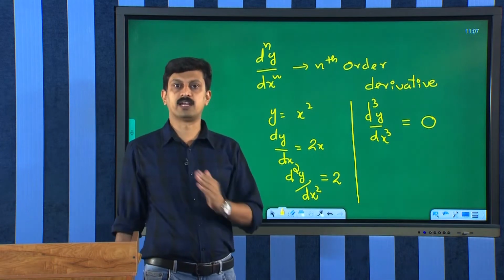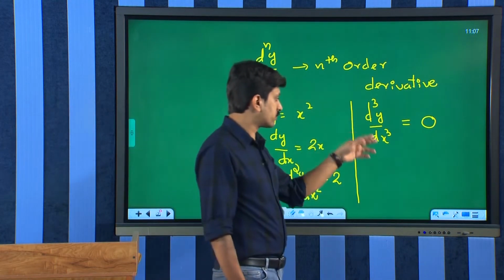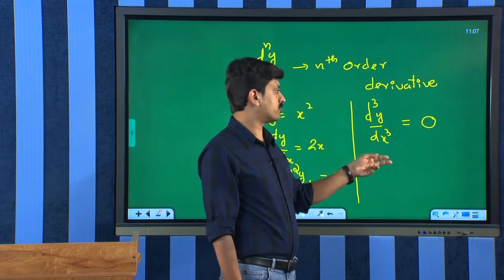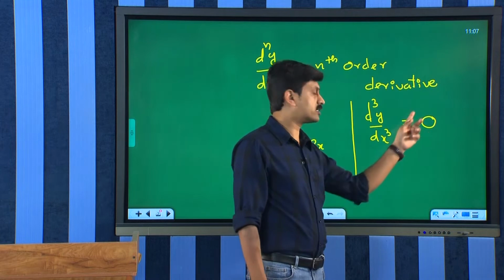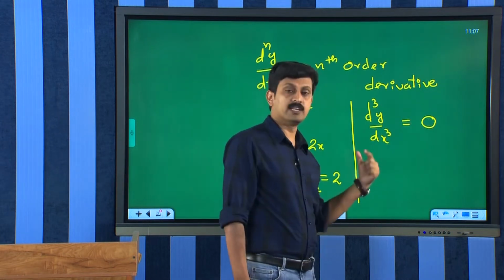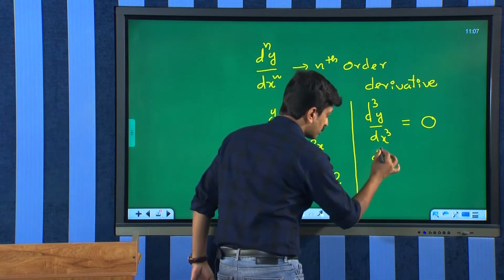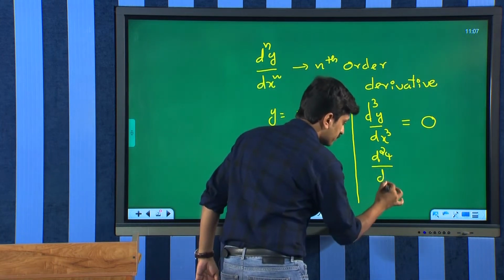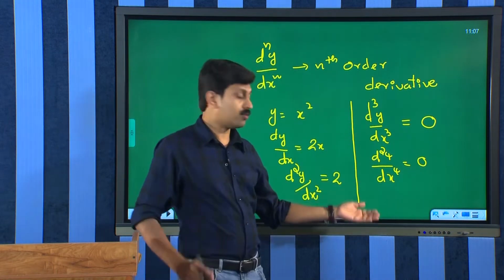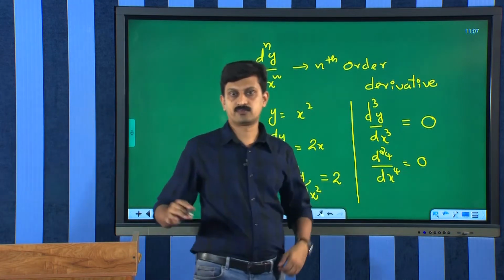Now for the next higher derivative, d raised to 4 y by dx raised to 4, we differentiate d cube y by dx cube with respect to x. Since d cube y by dx cube is equal to 0, d raised to 4 y by dx raised to 4 is equal to 0 again. So, from here onwards all higher derivatives will be 0.